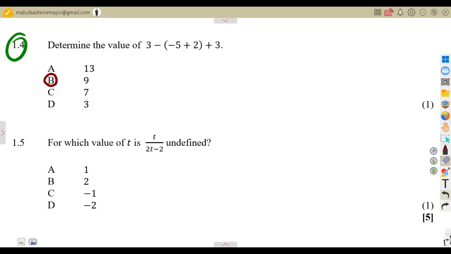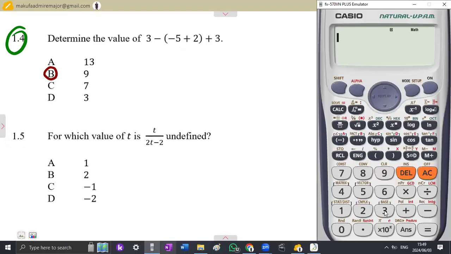So I want you to be careful also on the use of a calculator. Let me try to have the calculator so that we can see. So this is 3. Take note, the first one is the minus. Then you open the bracket. This minus on a 5 is the sign which is affecting the number, so it is in a bracket.